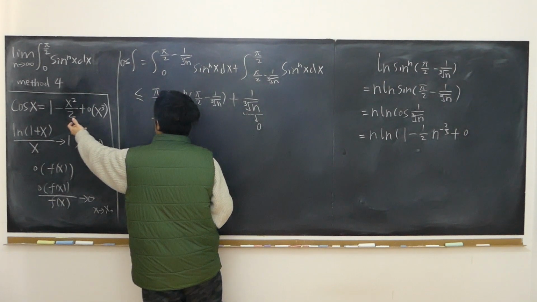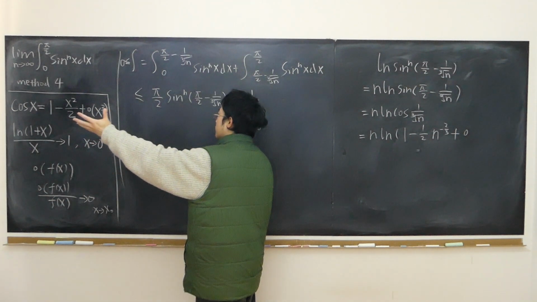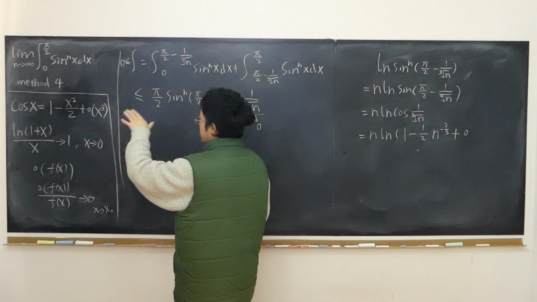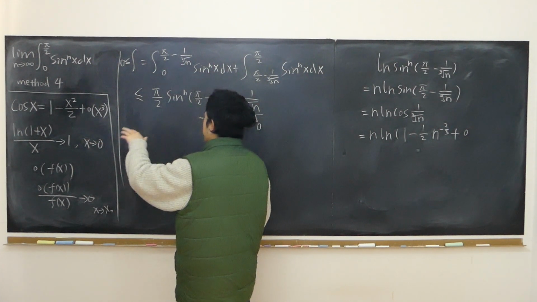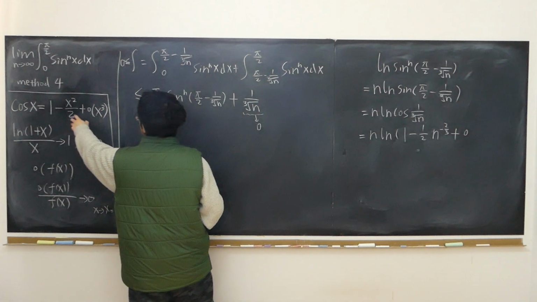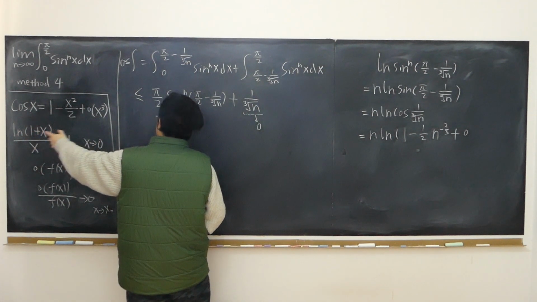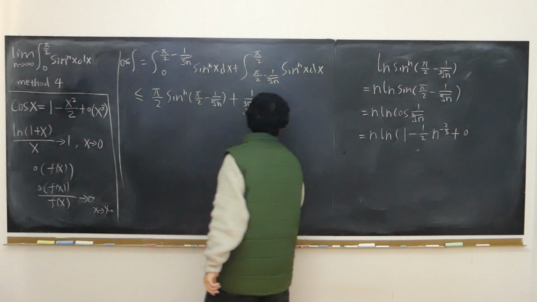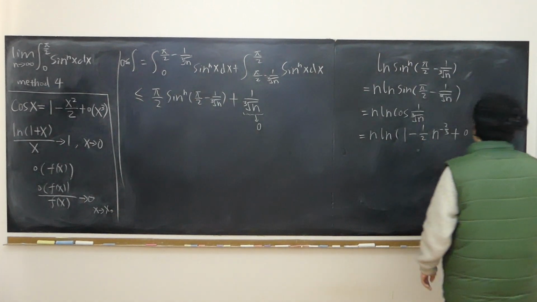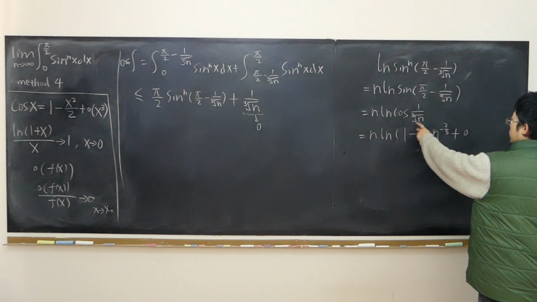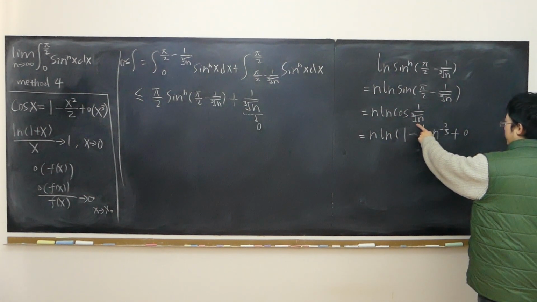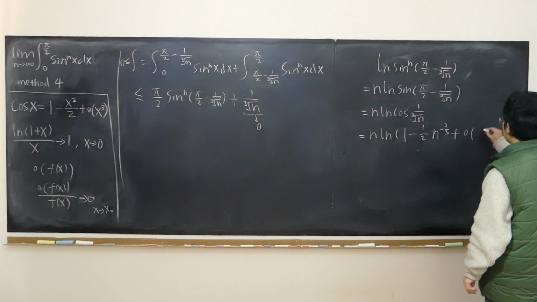It's because the third derivative at point 0 is already 0. Therefore, I assume there is a third term here, and it automatically becomes 0. Therefore, I just write x cubed. So o of x cubed. So this cancels out, becomes 1 over n. So o of 1 over n.